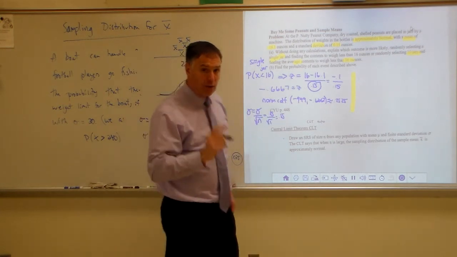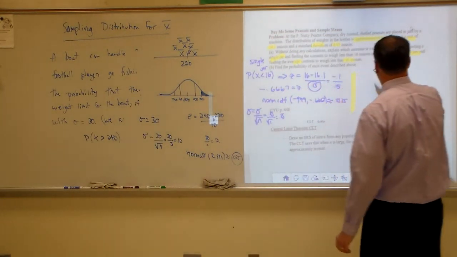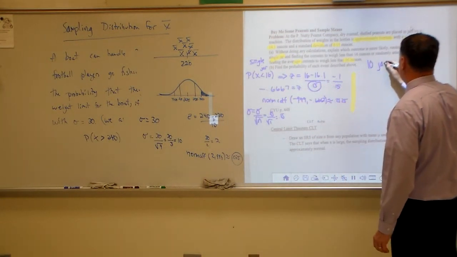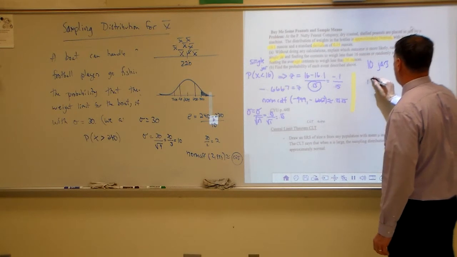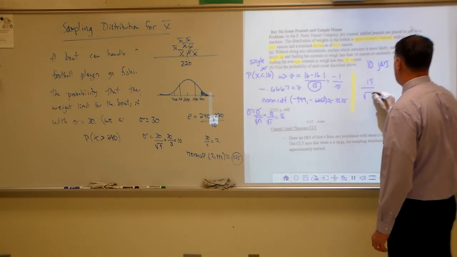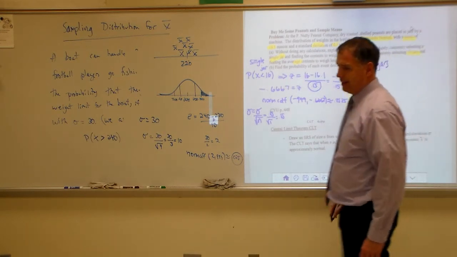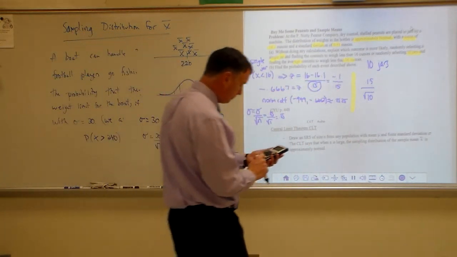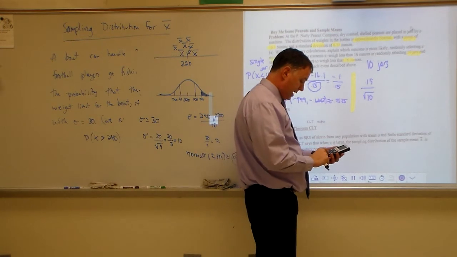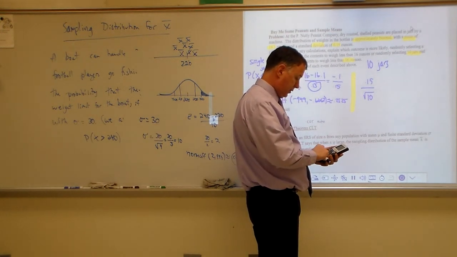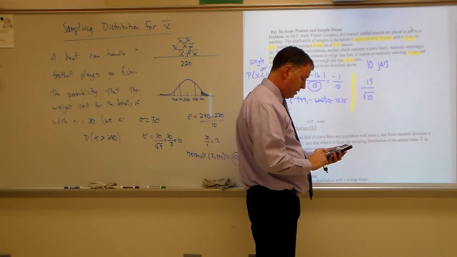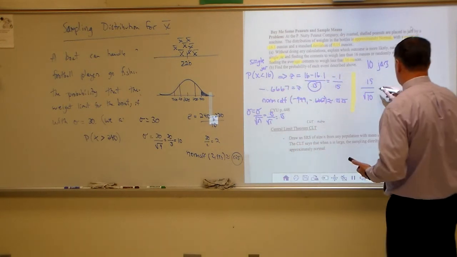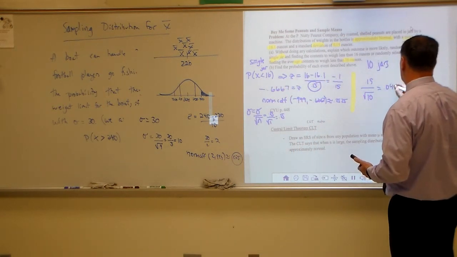But when I do it over here for 10 jars, I have to take that 0.15 and divide by the square root of 10, because that's my sample size. Okay? So when I do that, I have 0.15 divided by the square root of 10, I get 0.047.